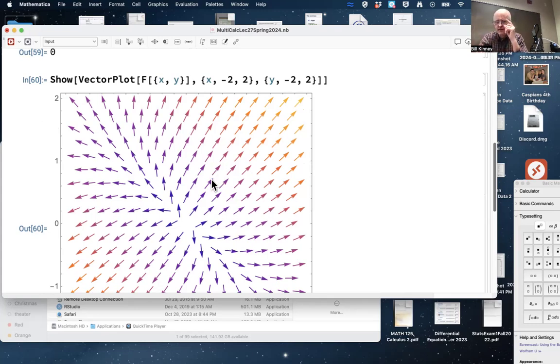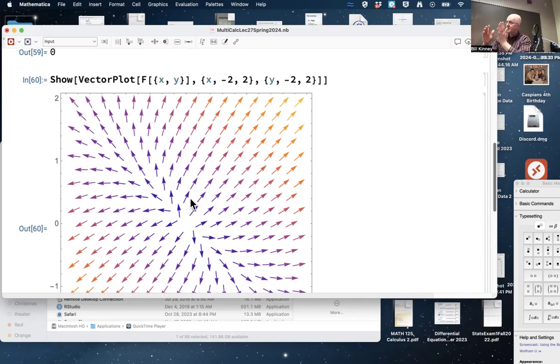Here's sort of an intuitive way to think of it. If you draw a small circle near, say, this point here, the vectors do get longer the further you get from the origin. So what happens is the vectors are longer on the side of the circle that's further away from the origin than they are on the side of the circle that's closer to the origin.